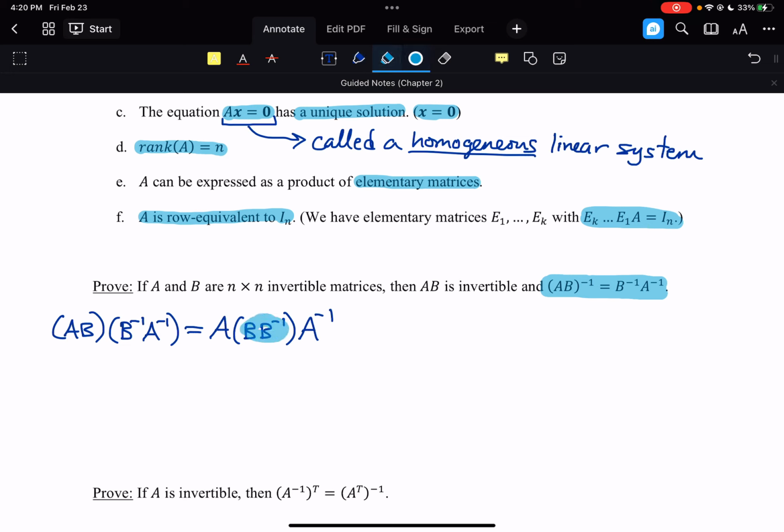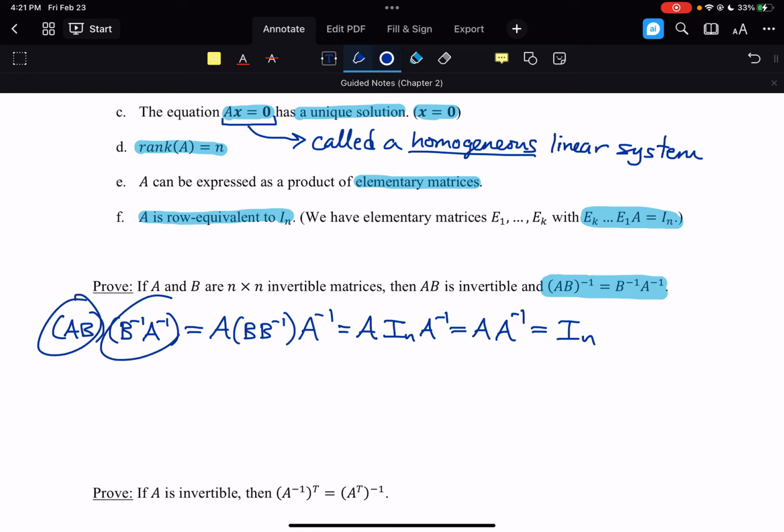Now this expression, B times B inverse, any matrix times its own inverse is the identity. And any matrix times the identity is just itself. So we don't need to show the identity here. So that's just A times A inverse, which of course by definition gives us the identity. So this one times this one gives us the identity.